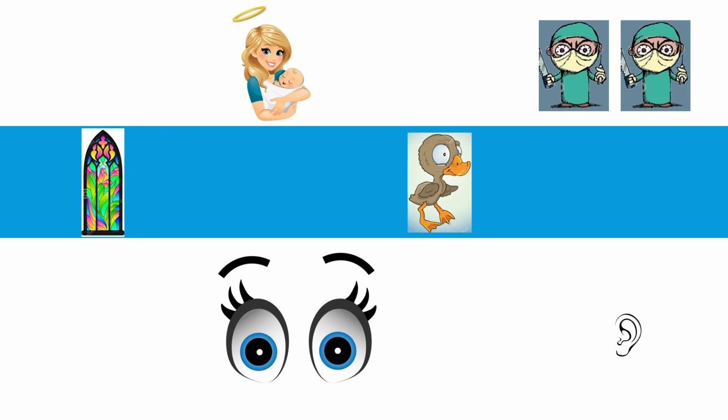So let's look at the top left. We've got an angelic mom, so a good mom. How would we say this? Это хорошая мама. If you guessed it, give yourself a pat on the back. Это хорошая мама.